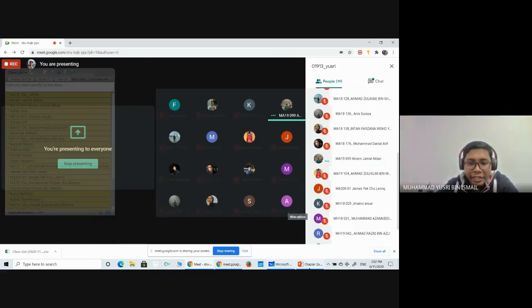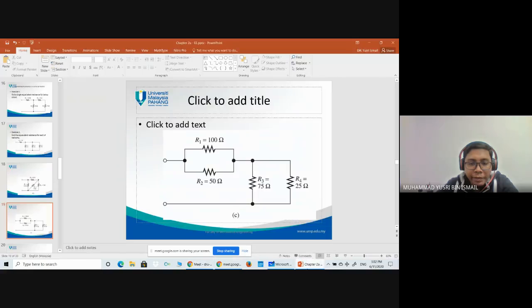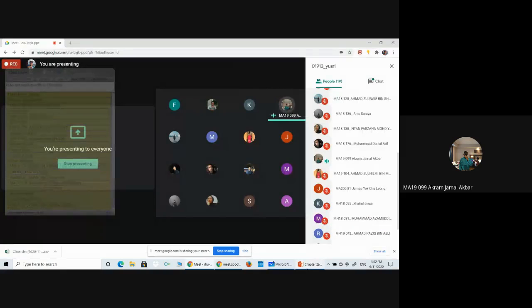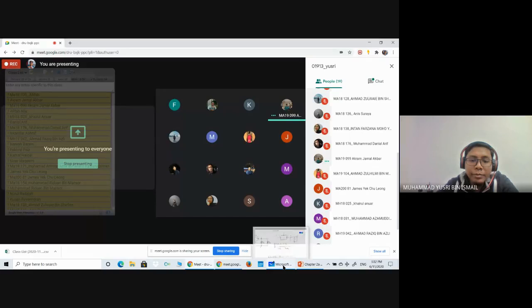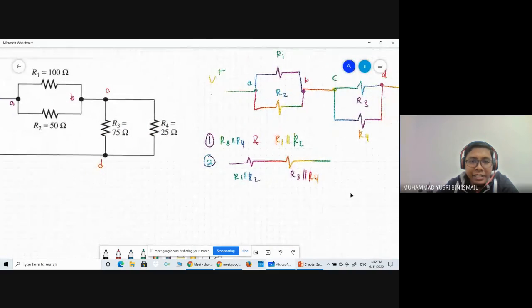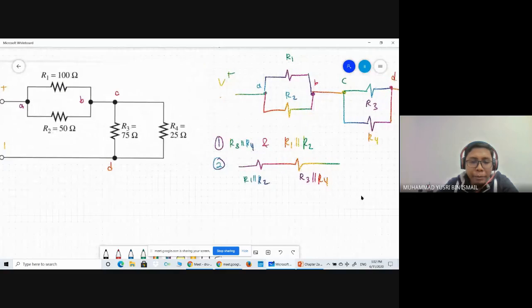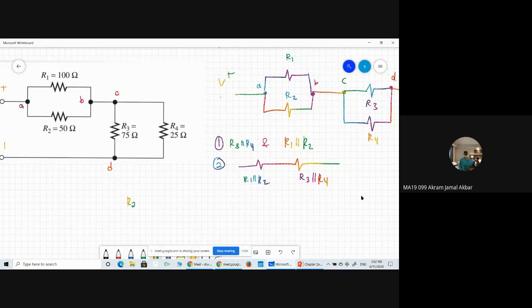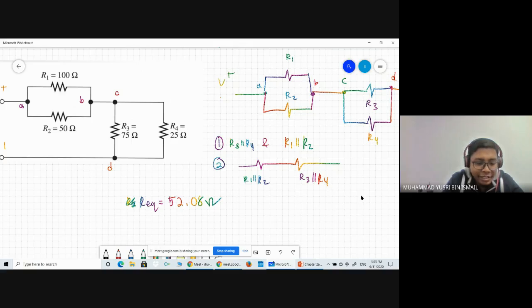Ada sir. Okay, Akmal dapat berapa R equivalent? 52.8 ohm. Biar betul 52 Akmal. 52.8 betul ke R equivalent? 52.08. Sama ke? 52.08 ohm. Dapat sama rata. Okay. Saya cuba kira. 75 kalikan dengan 25 bahagi dengan 75 tambah 25.